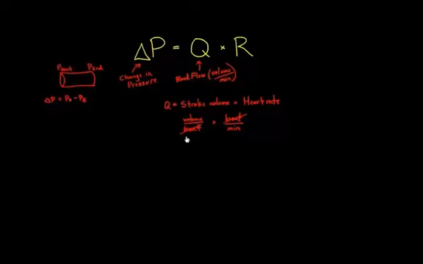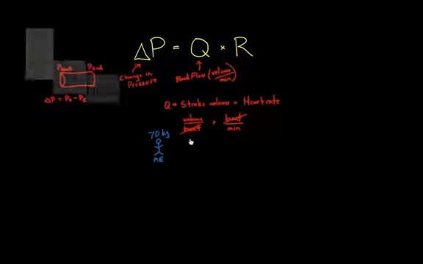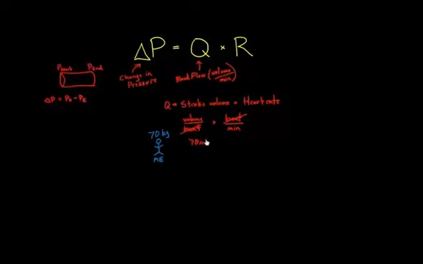And it just happens that I'm about 70 kilos. That's me. And for a 70 kilogram person, the stroke volume is about 70 milliliters. So for a 70 kilo person, you can expect about 70 milliliters per beat. And as I write this, let's say my heart rate is about 70 beats per minute.